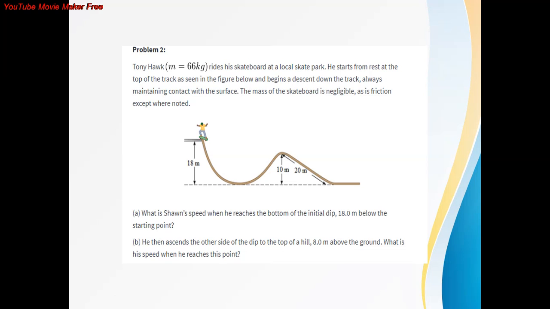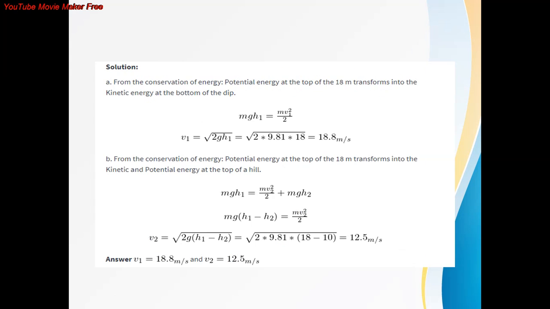So when we equate both of them, we get mgh1 equal to m v2 square by 2 plus mgh2, where h1 is the 18-meter height and h2 is a 10-meter height, and v2 we have to find. m we know. So when we solve this equation, we get v2 equal to 12.5 meter per second. So finally we get v1 equal to 18.8 meters per second and v2 equal to 12.5 meter per second.